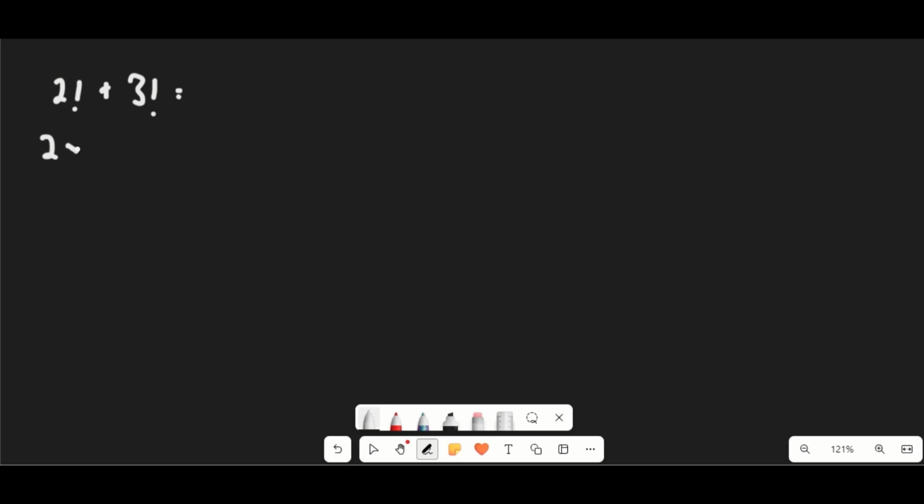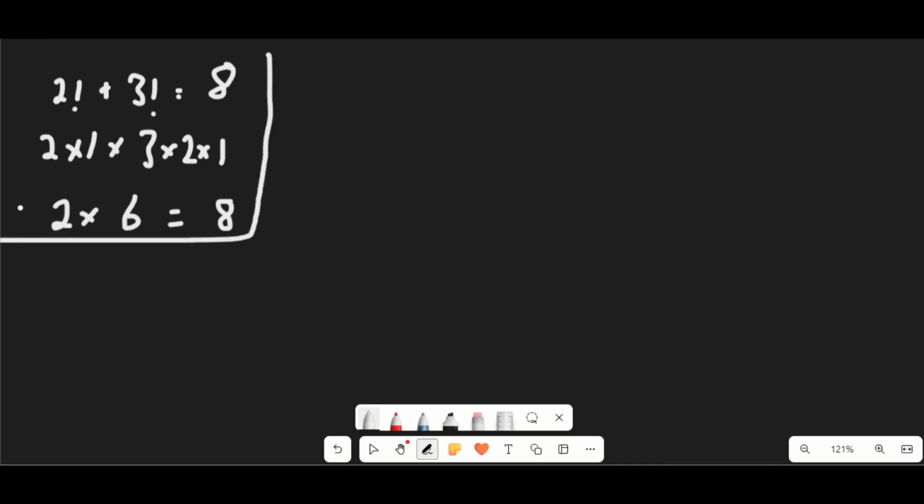We'll write it as 2 times 1, plus 3 times 2 times 1. 2 times 1 is 2, 3 times 2 is 6, and this will be just 8. So we know 2 factorial plus 3 factorial is equal to 8. Okay, so now we know how to add factorials.